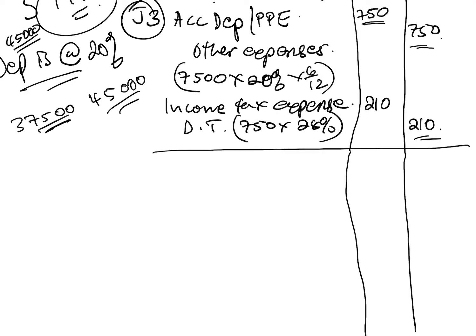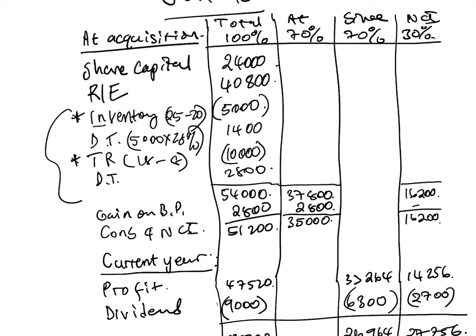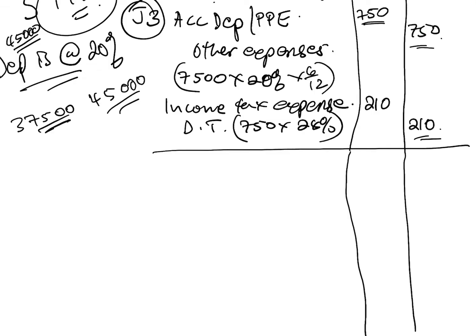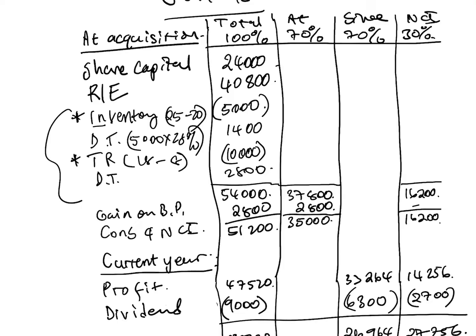The first thing, share capital has got a credit balance in this transaction, so what we have done is that we have debited it. So I'll debit my share capital. How much am I debiting? 24,000.